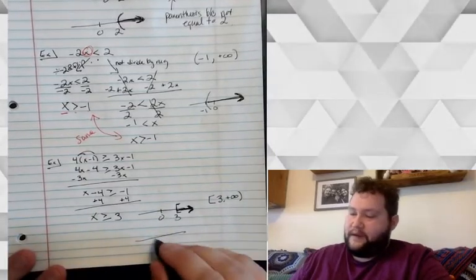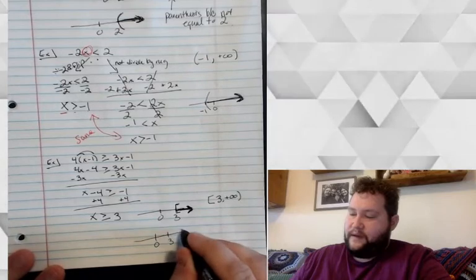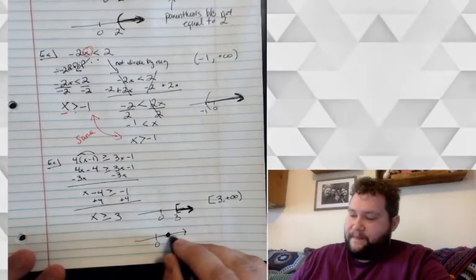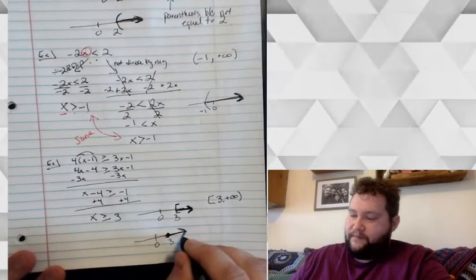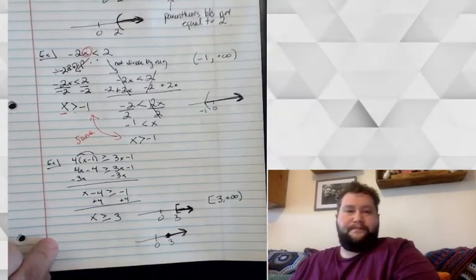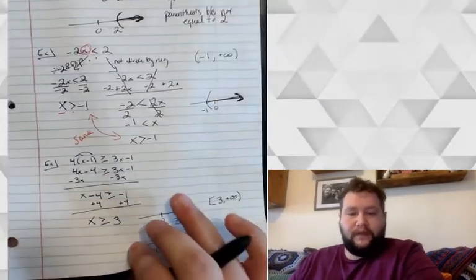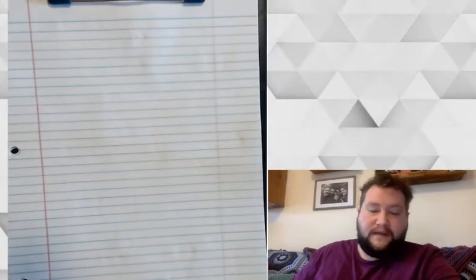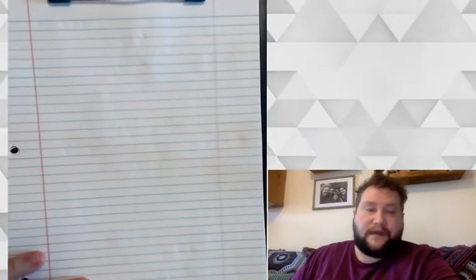And equivalently, 0, 3, we could fill in the dot and shade it in. So I think we're getting the idea of this one, right? Essentially, we need to think about what these symbols mean in practice and find the values of x for which it is true.